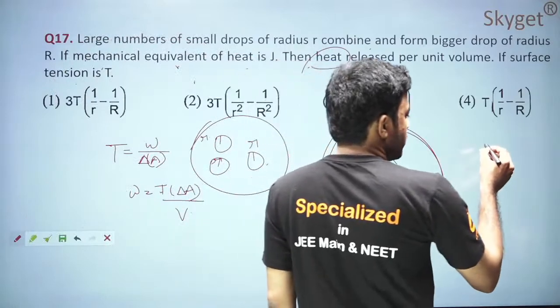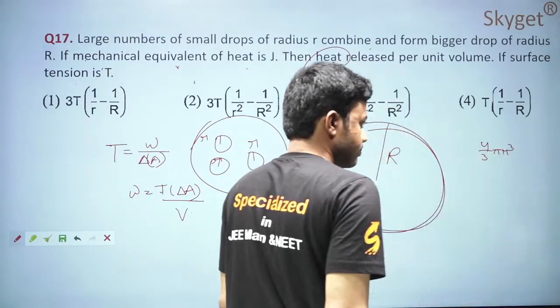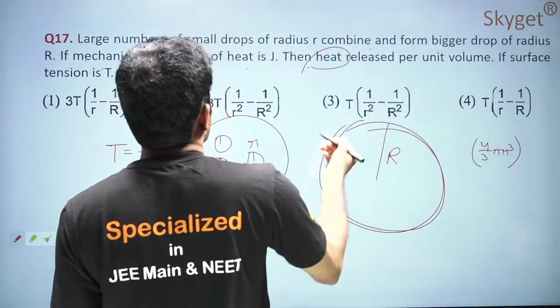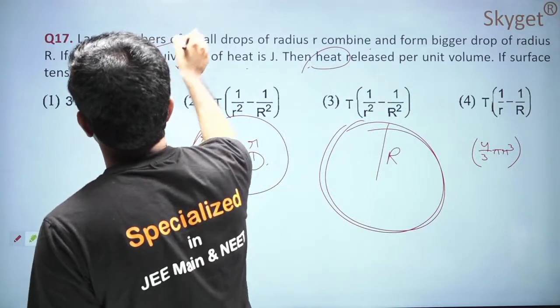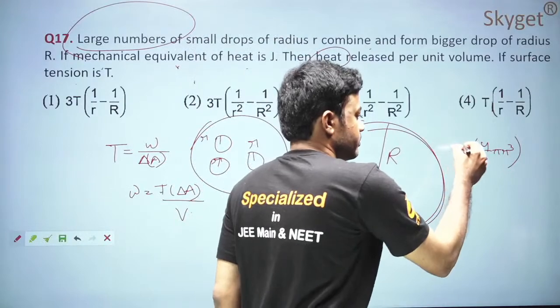If you consider the volume of the smaller drops, it is 4 by 3 pi r cube. Here the number of smaller drops is large. Let that large number be n.